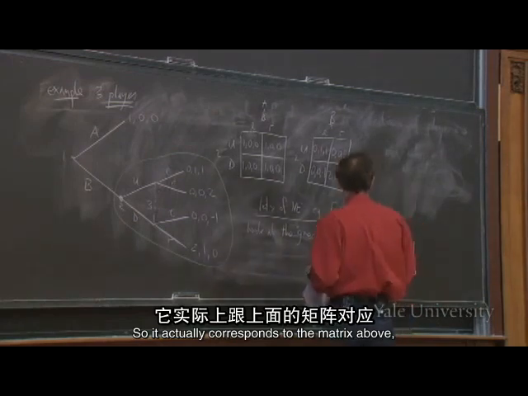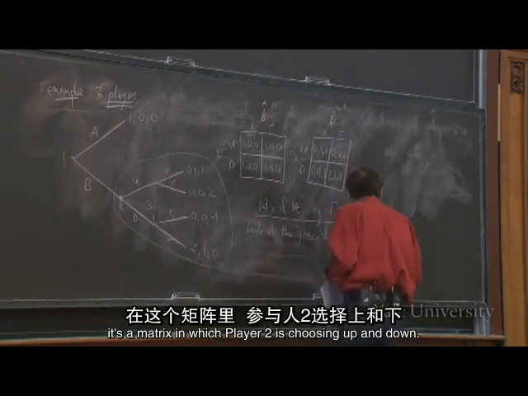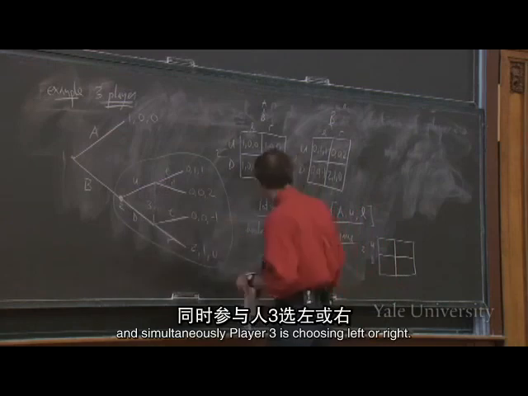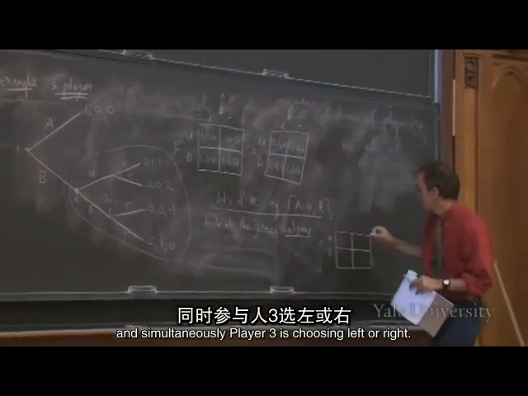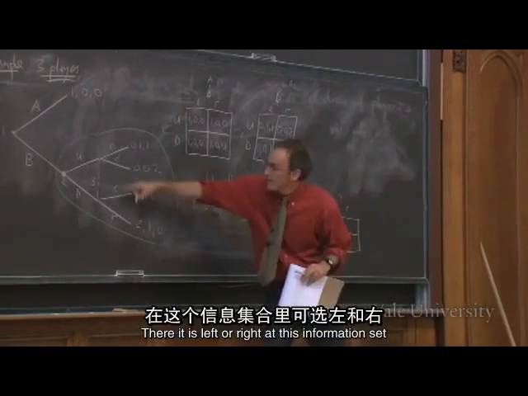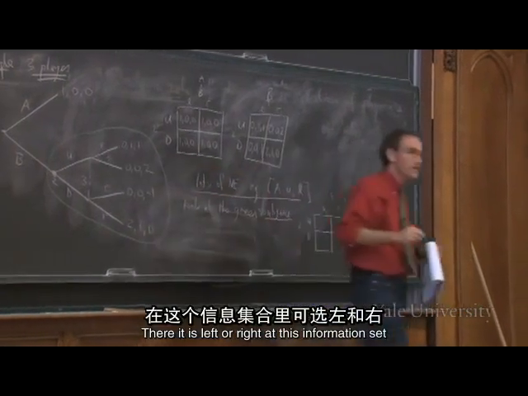So this corresponds to the matrix above. It's a matrix in which player 2 is choosing up and down. Here it is, up and down. And simultaneously, player 3 is choosing left or right. Here it is, left or right, at this information set.